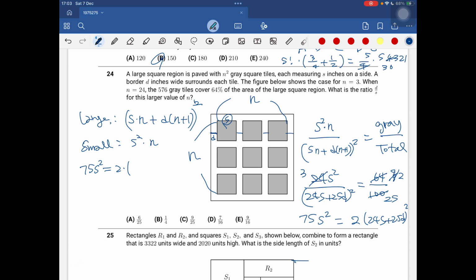The gray area is 64% of the area of the largest square region. So the largest square region is S times n, and we have 1, 2, 3, 4, n plus 1 borders of D, so 25D, and 24S squared. Yeah, I think I did well.